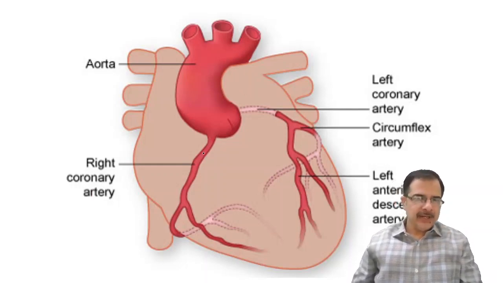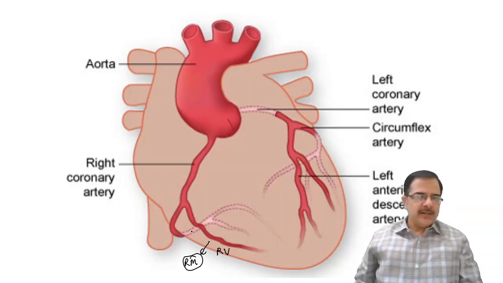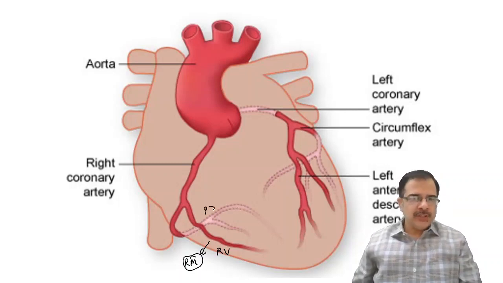We have a right coronary artery, which gives a marginal branch to the right ventricle. Here is the right ventricle. This is the right marginal artery. The right coronary artery then goes below and supplies the inferior wall. This is the posterior descending artery, and this is the inferior wall.